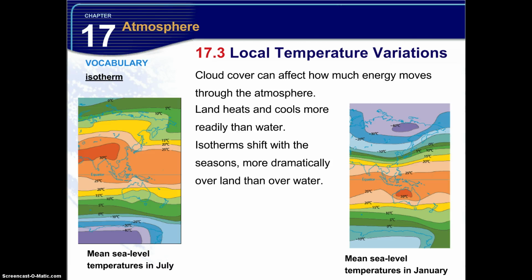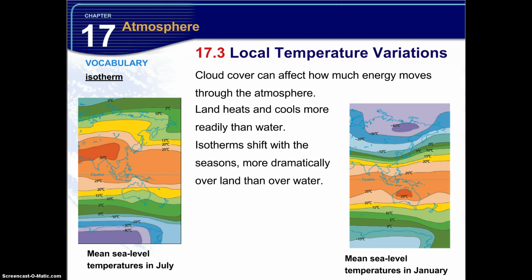Now, here are two examples of a weather map looking for meteorological patterns. Now, cloud cover can affect how much energy moves through the atmosphere. Land heats and cools more readily than water. Isotherms shift with the seasons more dramatically over land than over water.